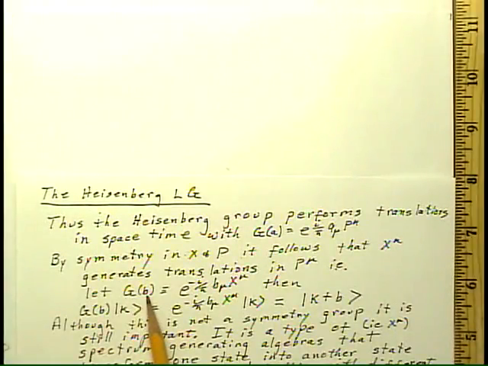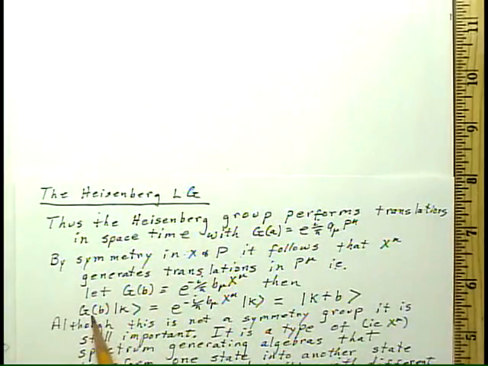Specifically, we can write g of b is e to the minus, and of course the only difference is a sign, i over h bar b mu x mu, summation convention again, and then say what happens when this group element hits a momentum eigenstate. And the answer to that is you get this definition right here. And finally, by symmetry with what we had just arrived at, this will change k into k plus b.